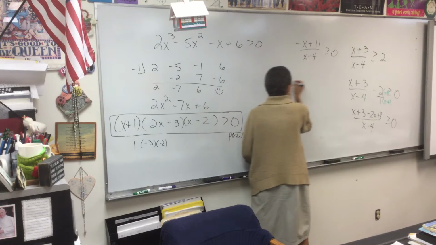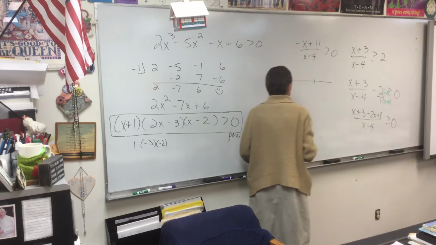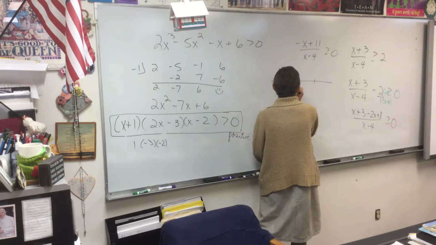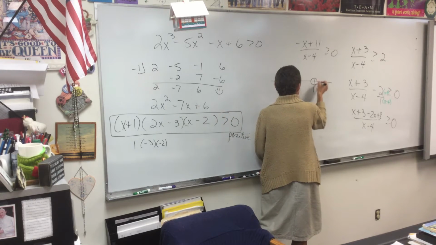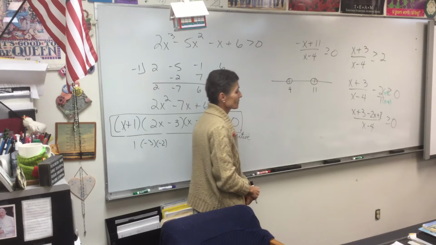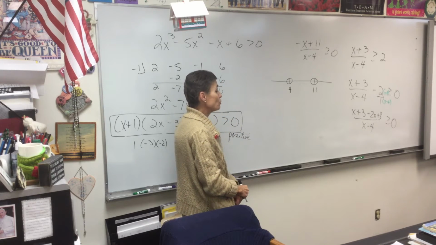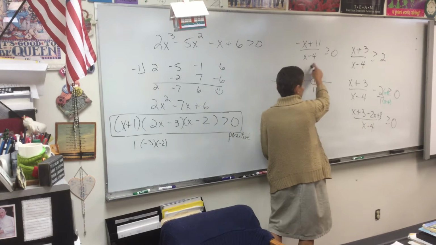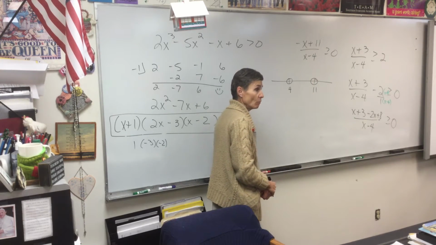Now I'm going to put 2 dots on a number line. Anybody want to guess where I'm going to put the 2 dots? One of them's at 4 and one of them's at 11. Now if that numerator dot is giving you trouble, I think everybody can look at this and say, oh, that would be 4.